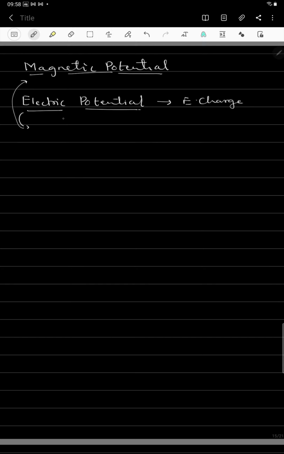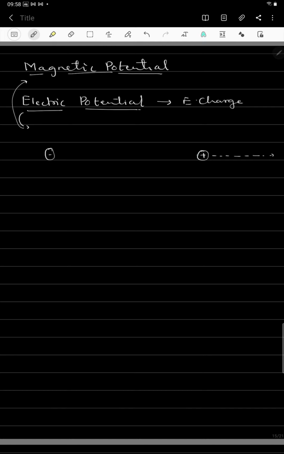So here, how will you get the electric potential? We will take two charges. One is a negative charge. I will take here a negative charge or a positive charge, any one of you take, and we will take one test charge, a positive test charge. This positive test charge we are bringing from the infinity point.